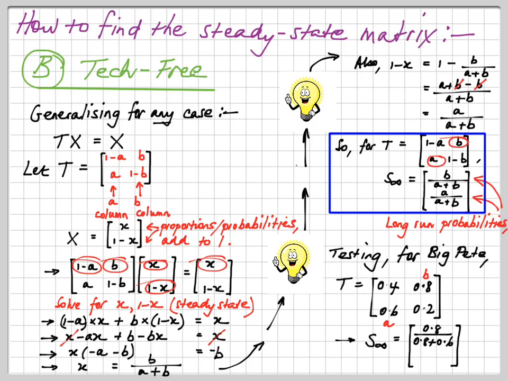So we just work that out like that. And it comes to the same thing as we got using the analytical method Tx equals x on the previous screen, using Big Pete's actual numbers without actually having to work it all out. So you can see why that's a red hot 1 mark method of doing it in a tech-free exam. Yeah, isn't it? It's mighty good.